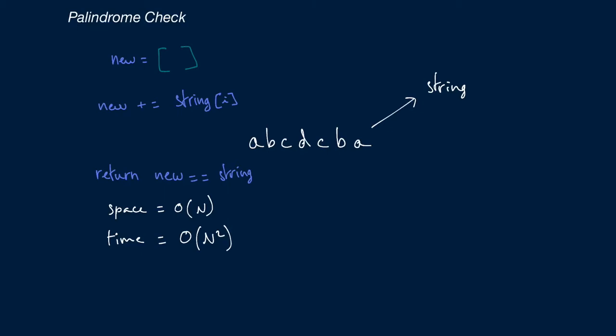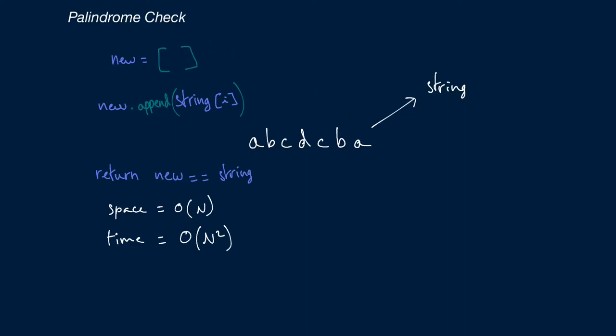And when we do our iteration backwards through the string, instead of saying new plus equal to string of I, we'll say new dot append or dot push or whatever the method is in your language of choice, string of I. And so we keep pushing these letters into the array.